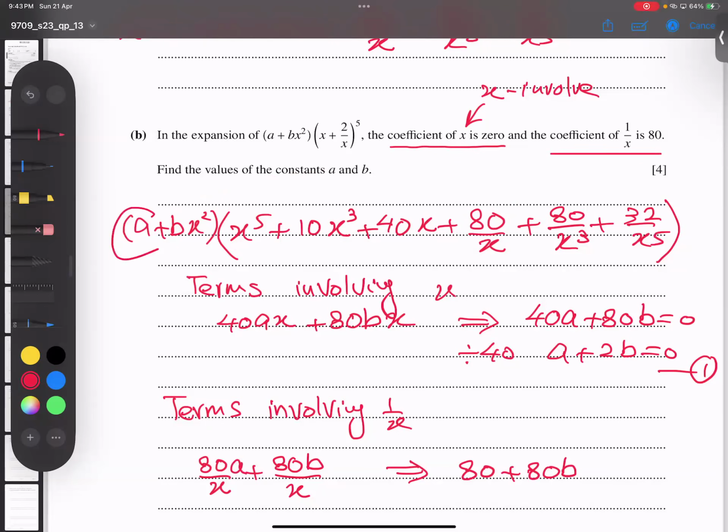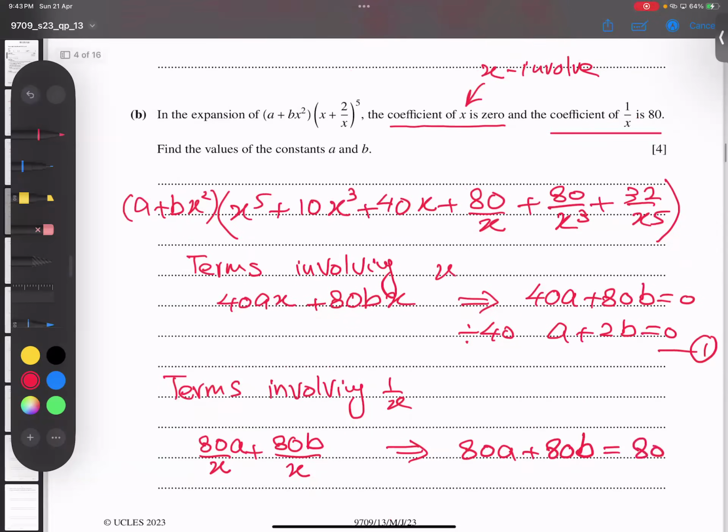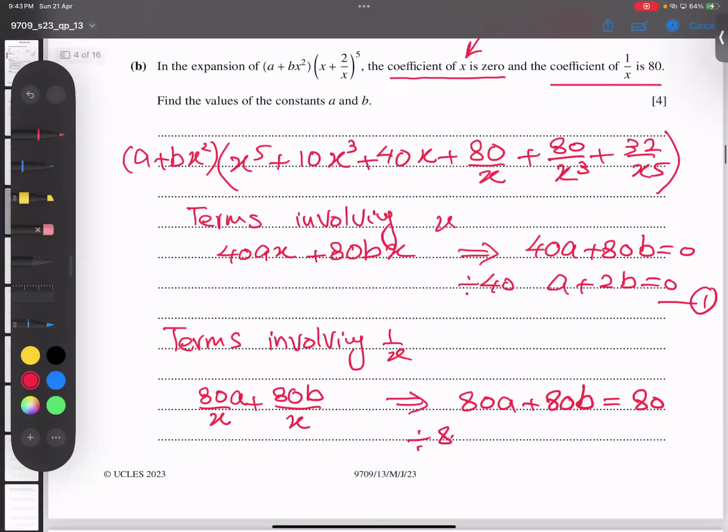Repeat, a times this, I need the x coefficient, and this times this. So 80b. So I should write 80b. Okay, 80a plus 80b, students, equals what? Equals 80. So I think this is clear. Dividing the whole equation by 80, I get a plus b equals 1.